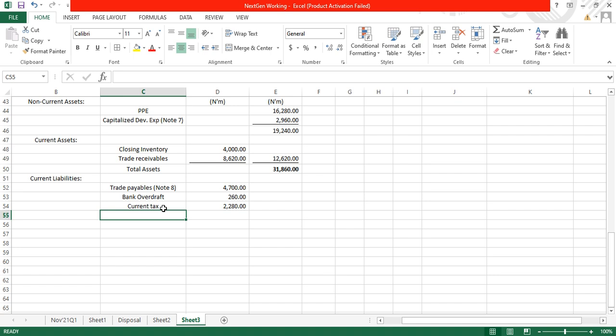Current tax has to be paid once you close your account and your financial statement is done. Within 6 months of the accounting year end, you must pay your current tax. But your deferred tax can be deferred for more than a year. So your deferred tax is a non-current liability, not a current liability. Do you understand? Noted.